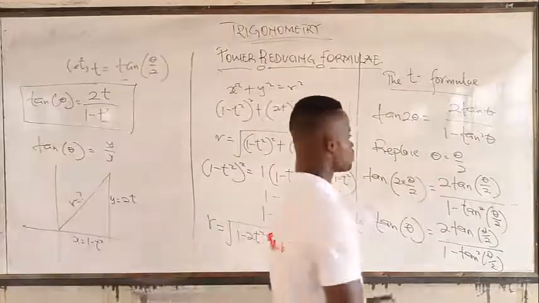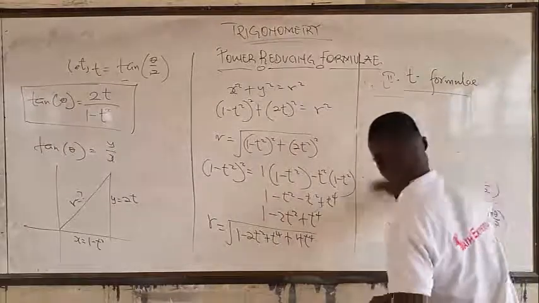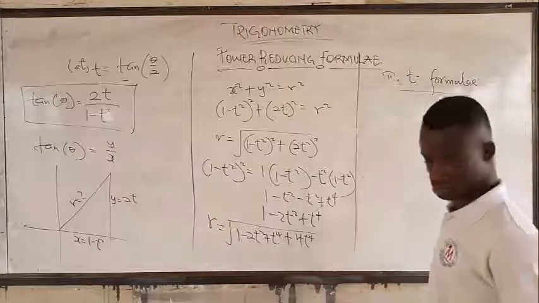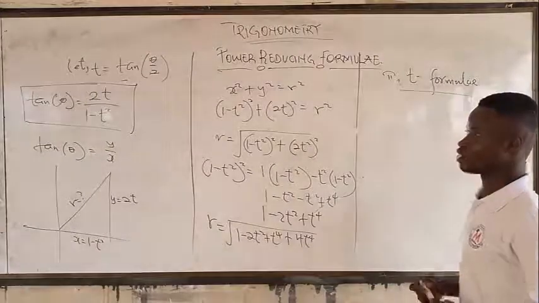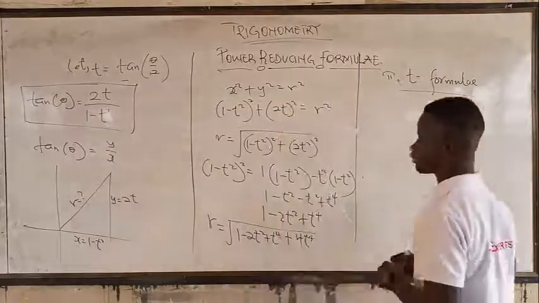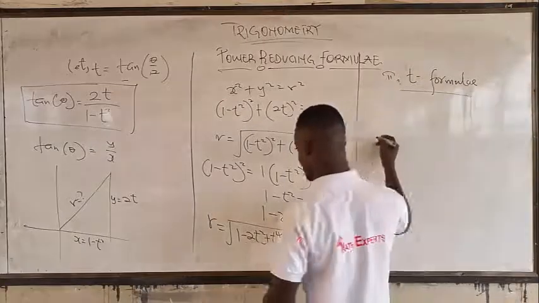And we can now, so we are still deriving the formulas. We have the first one, the second one, and we are going for the third one. And that is what we are in now.